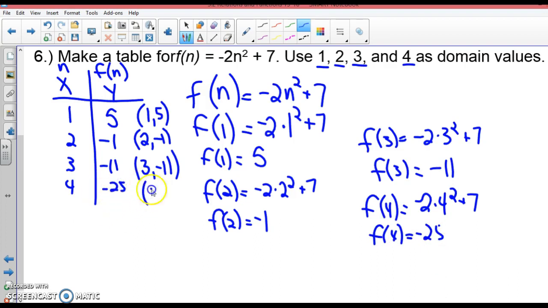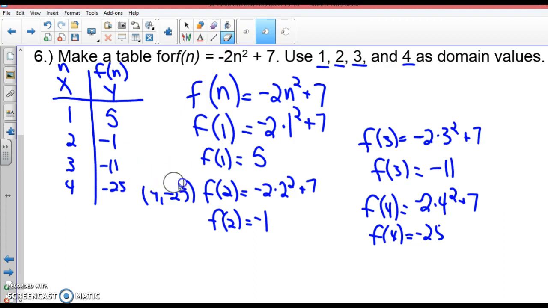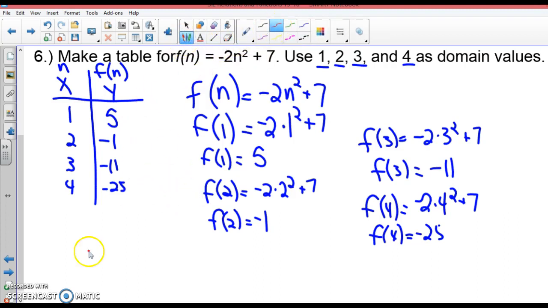Now, since we had a lot of questions about last night's homework, I think it would be a good idea to do this. I'm going to erase this to give myself room. I want to show you how this is related. I'm going to change color of pens. Pretend I gave you this table. Let's find our rule, our pattern.